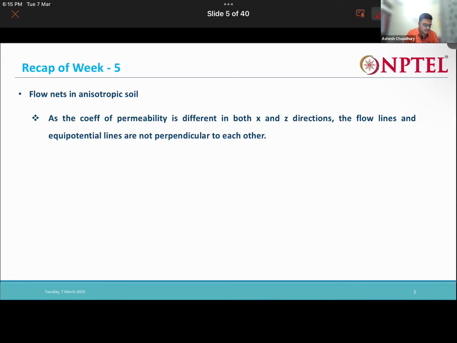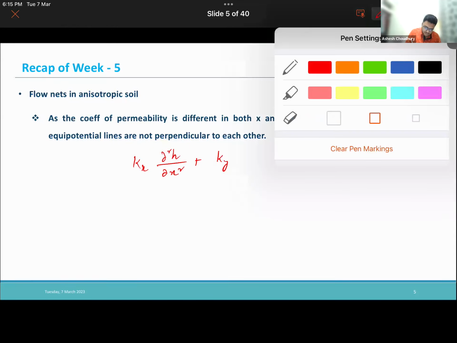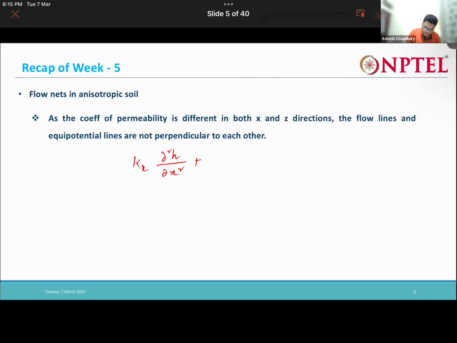So what will be my Laplace equation then for an anisotropic soil? It will be Kx dou square H by dou X square plus Kz dou square H by dou Z square equal to 0.